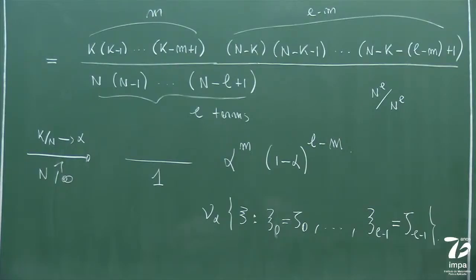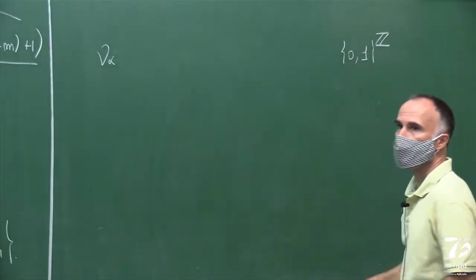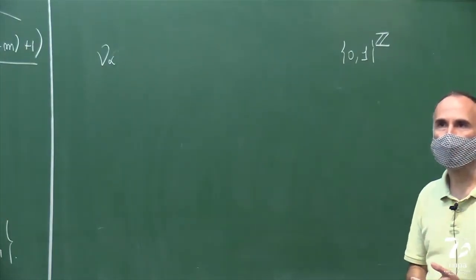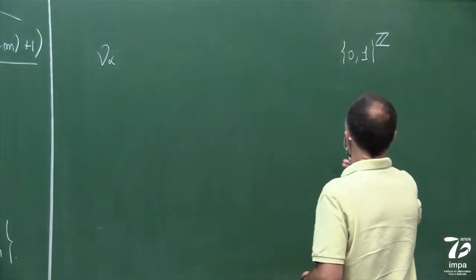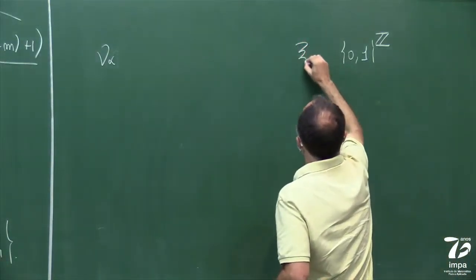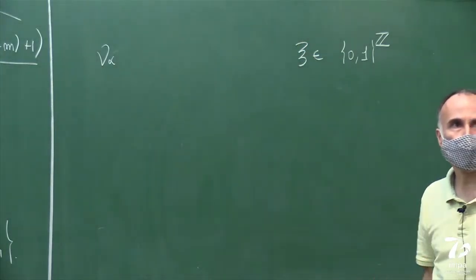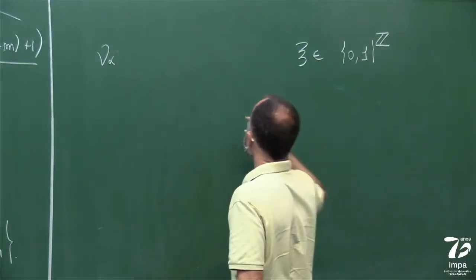So this measure nu alpha, let me define it on {0,1} to the power Z. So you take Z, and at each point of Z you place a particle, or you keep it empty. So the elements will be represented by xi. So xi is an infinite sequence. And so this is a probability measure on this space.